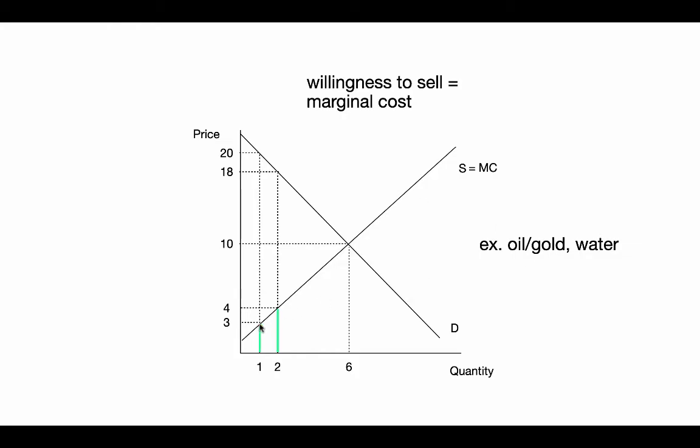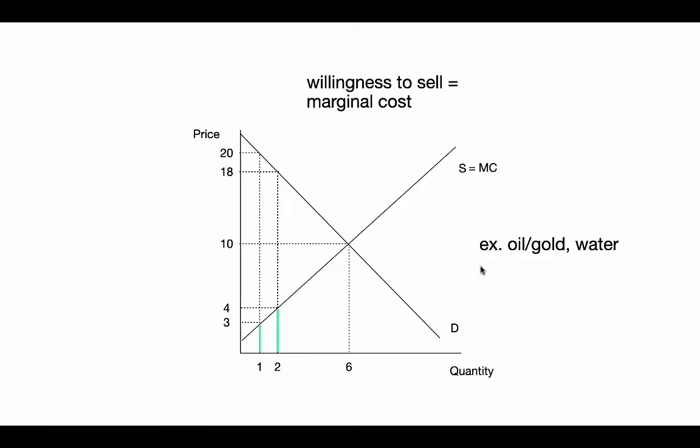I'm going to mine for gold where it's cheaper to get, and then it's going to get more and more expensive. Normally we're thinking in terms of production, but it could also be that I just have a bunch of stuff to sell, and the cost is always opportunity cost. Suppose I have 10 gallons of water, and let's assume that that's my only water supply, so that we don't have unlimited water.